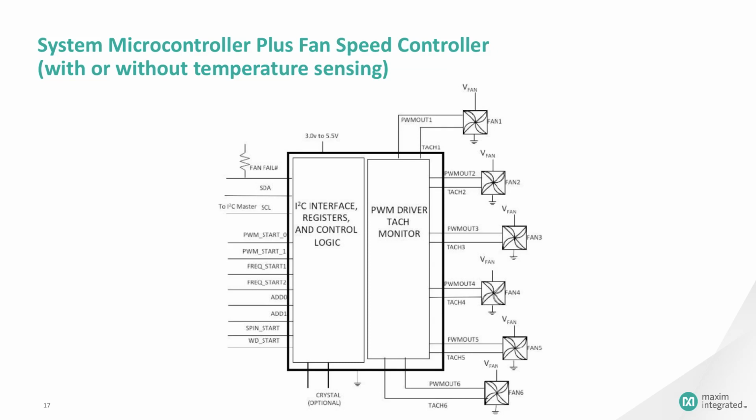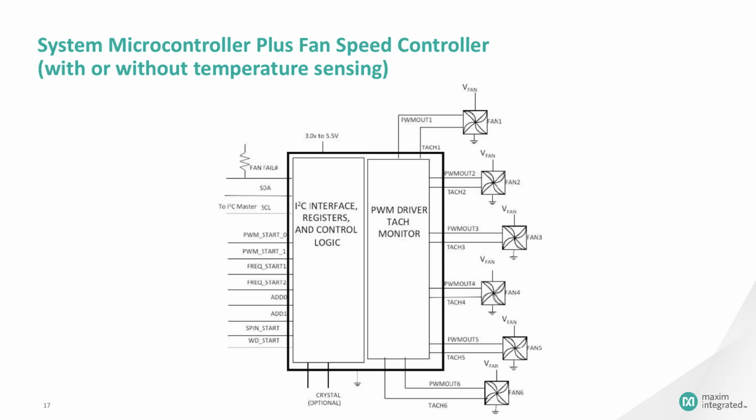When a system management microcontroller is capable of monitoring temperature and determining target fan speeds, but does not have enough IOs or bandwidth for controlling and monitoring the speeds of multiple fans, or if the time and cost involved in developing intelligent fan control firmware are excessive, the fan speed control IC need not include temperature sensing capability.